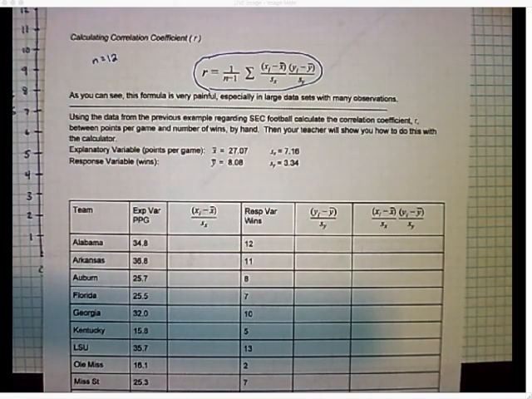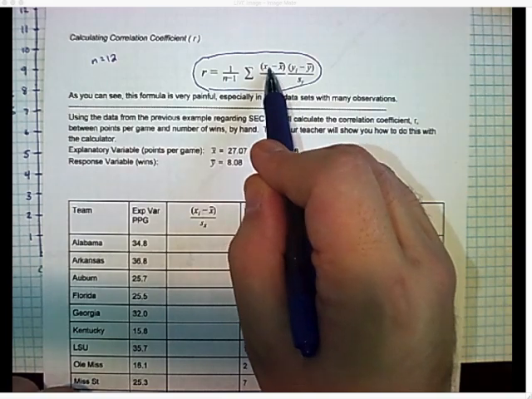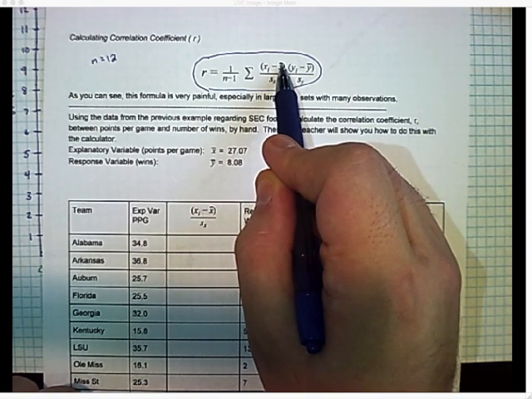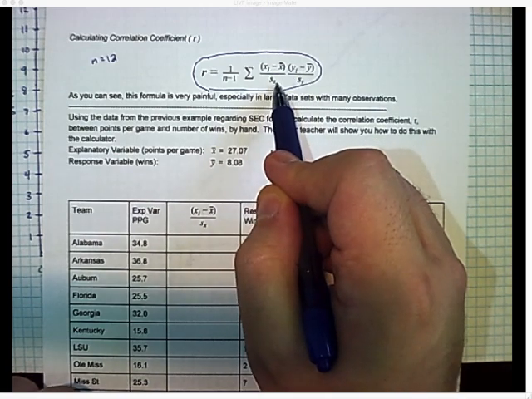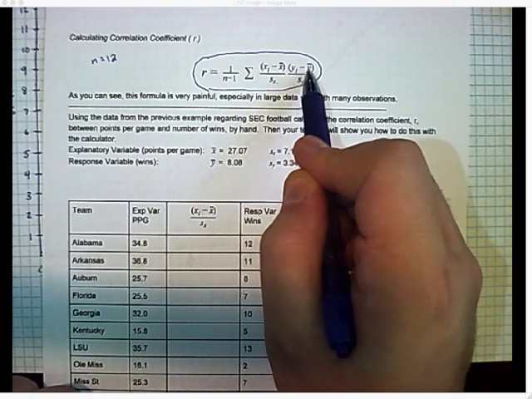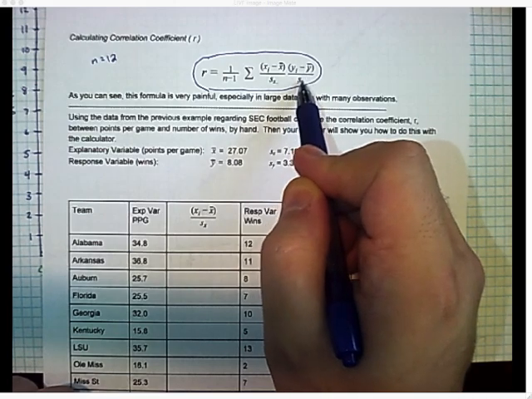Then you want to take the sum of the individual x values minus the x average, over the standard deviation of x, times the individual y values minus the average of the y values over the standard deviation of y.